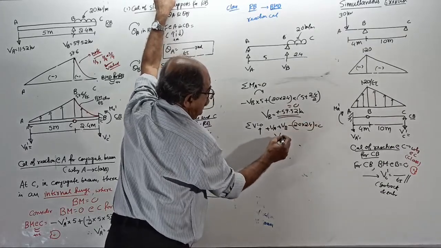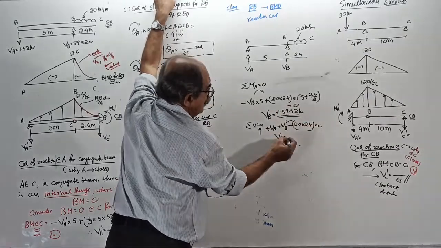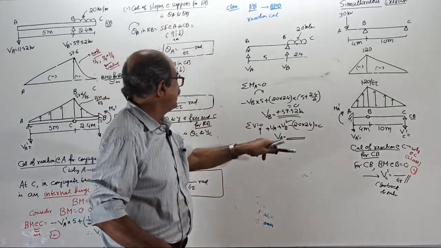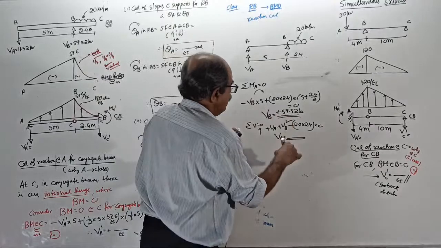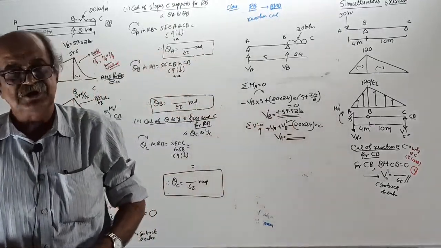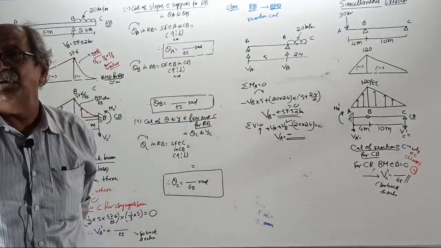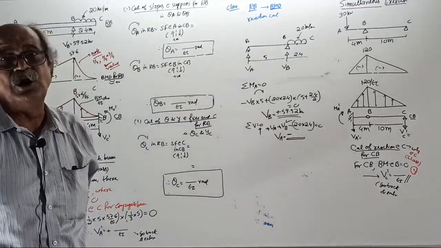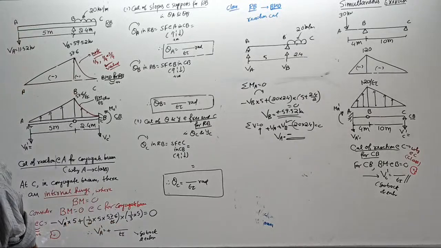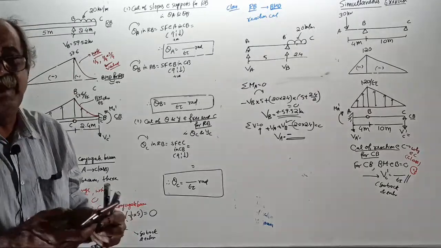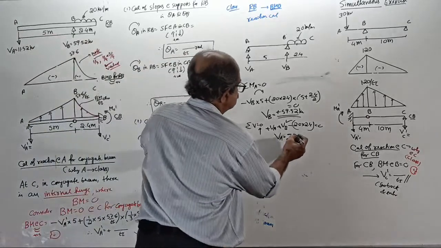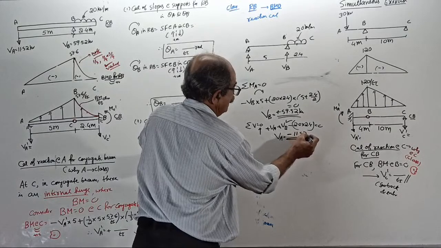Tell me the value of VA. Substitute VB equal to 59.52. Correctly with sign you have to calculate. I am 100% sure it will come negative. How much? Those who are coming to the deflection class, if they do not know how to find support reaction, it is not worth coming to the class. Such elementary knowledge. VA is minus 11.52.